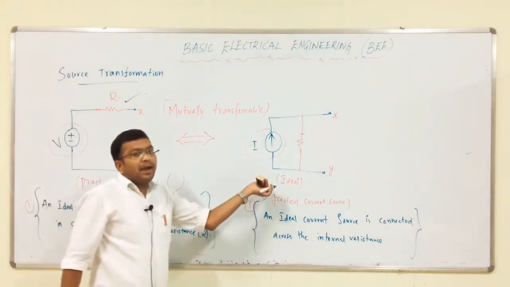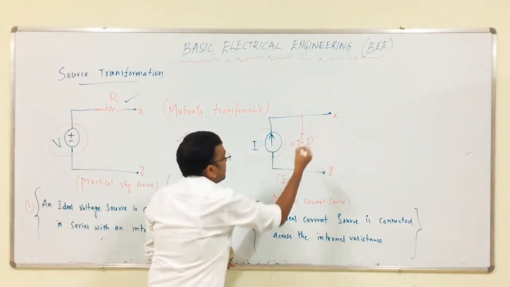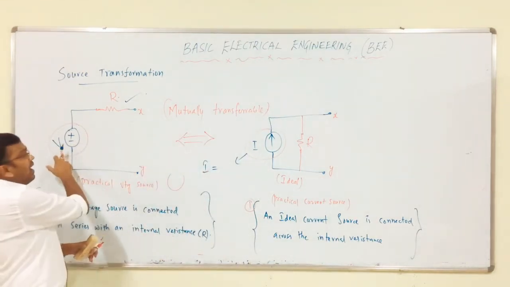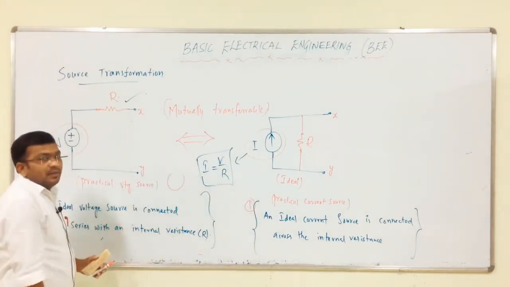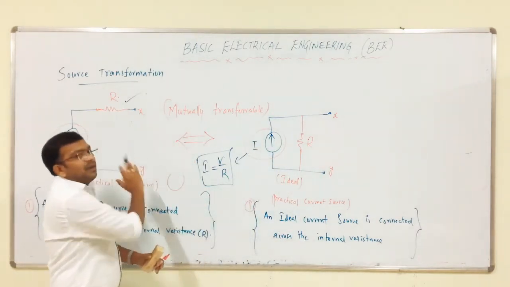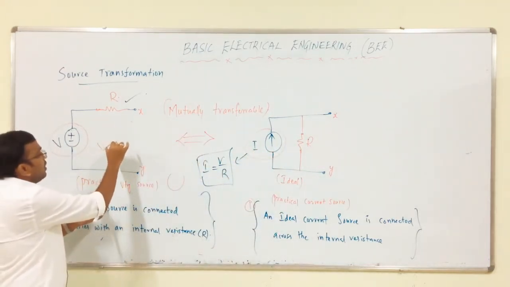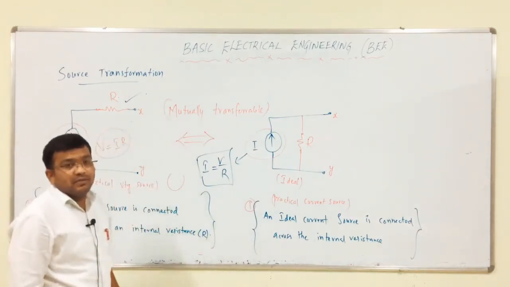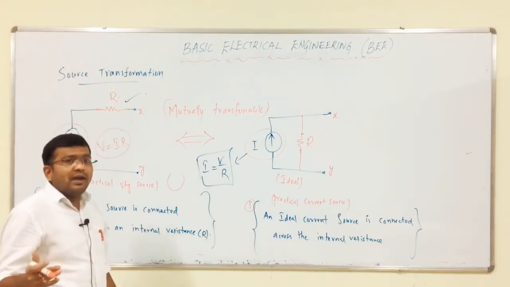We have to get this practical current source by connecting a current source in parallel with resistance. Here the value of I should be equal to what? I is equal to V by R, given V and R. For example, if we have this practical current source circuit, we have to get this practical voltage source given I and R. From this V is equal to I into R. Like this we have to get those circuits from practical voltage source to practical current source, or practical current source to practical voltage source.